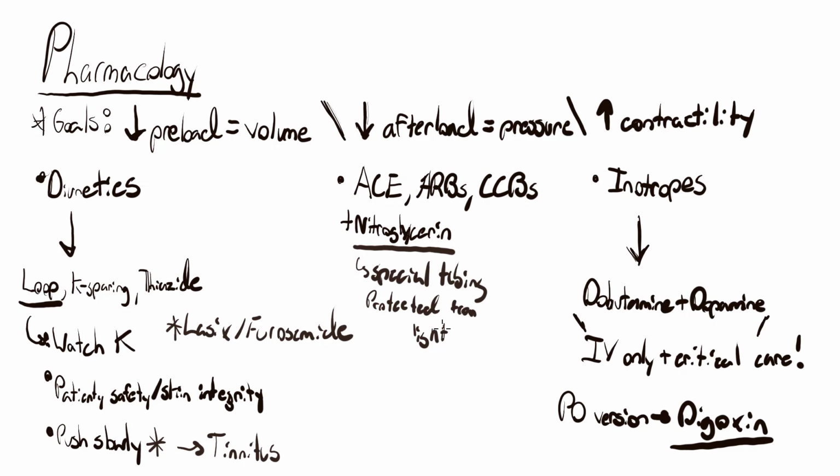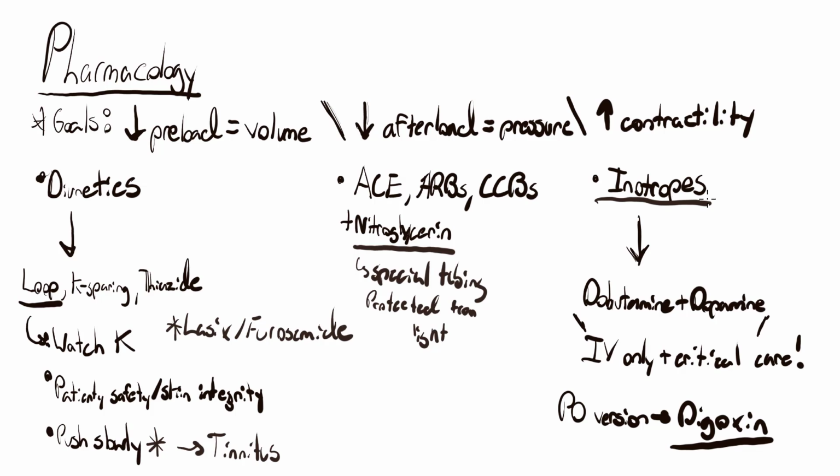So another option, instead of just reducing the preload and reducing the afterload, is to actually increase the ability of the heart directly by improving cardiac output, by increasing the pumping ability and the contractility of the heart with a class of medications called inotropes. There's a few different types of inotropes.